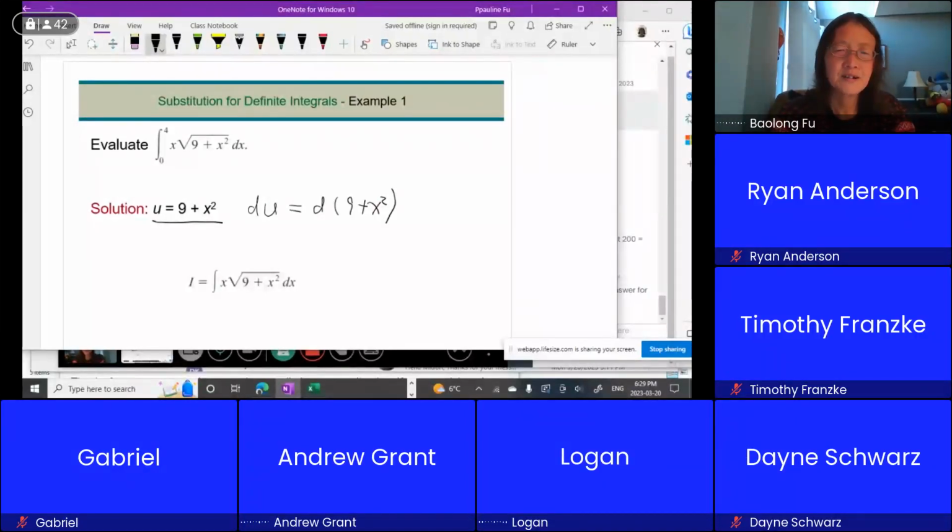Now copy down the left hand side. The derivative of a constant is 0. So d of a constant equals 0. So d9 equals 0. And then you have dx squared.